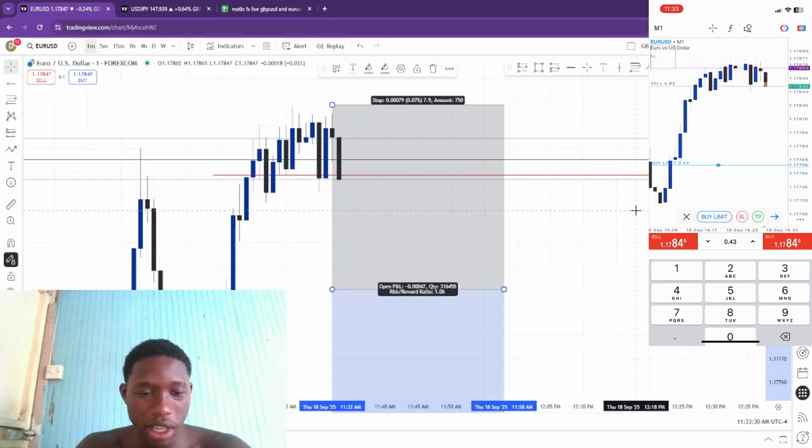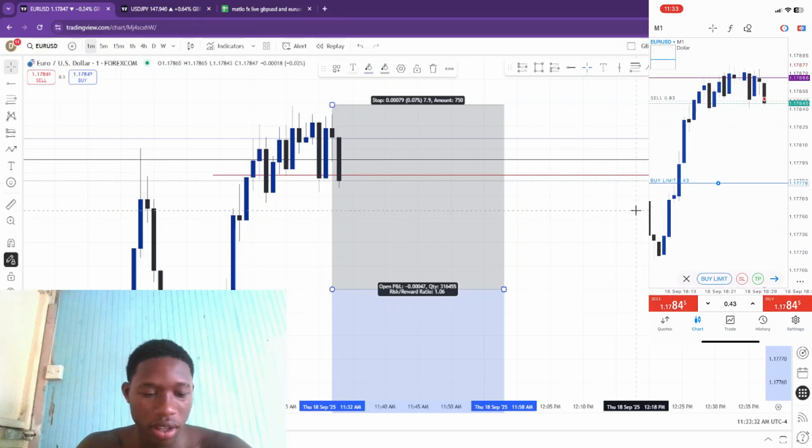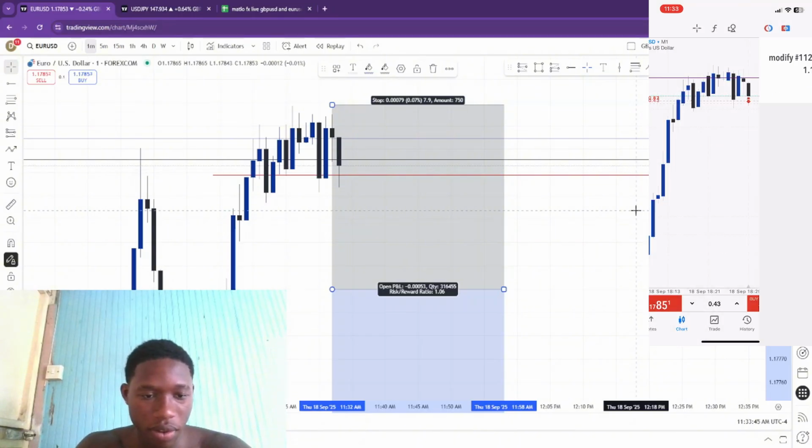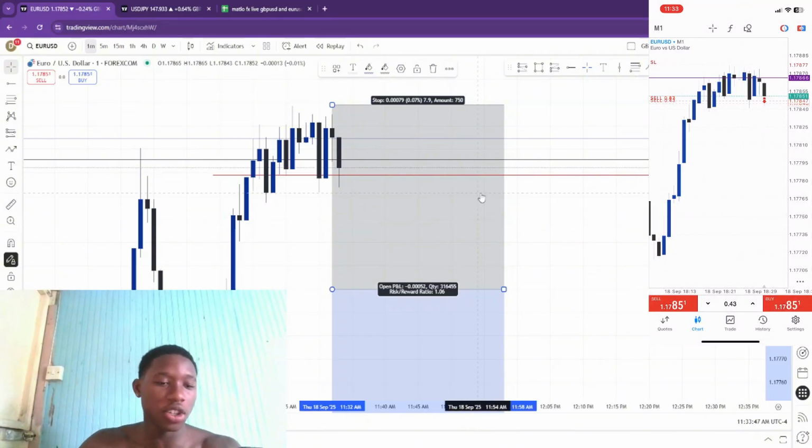Okay, it entered me in. It entered me in. I just have to sell again. Alright. Let's sell right there. Modify. First TP. Okay, so it entered me in the trade.